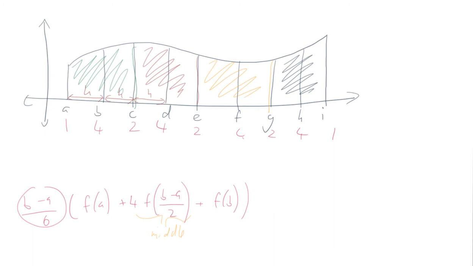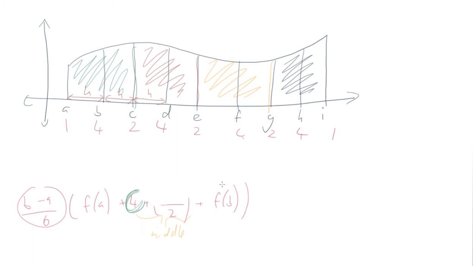If you are confused about what comes first, look at your formula sheet and borrow that 4 there. One application, 4 in the middle; second application, 4 in the middle; third application, 4 in the middle; fourth application, 4 in the middle. The 2 is in the green and red; the 2 here is in the pink, so the red and the green; and the 2 here is in the yellow and the blue as well.